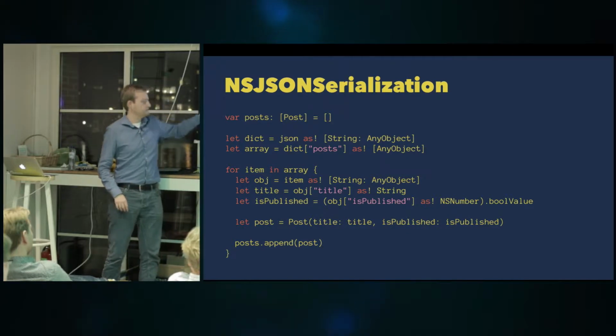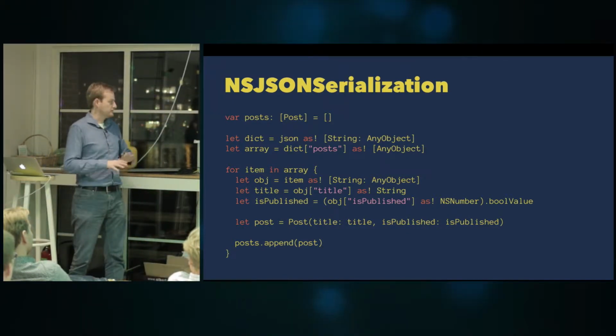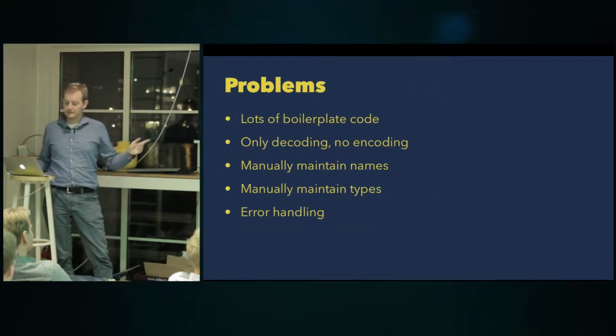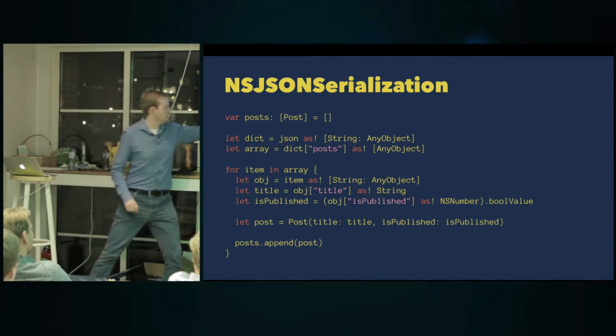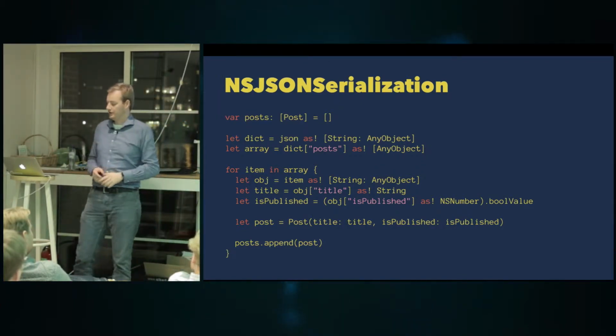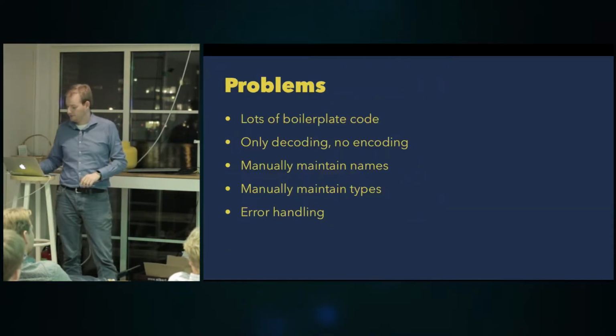And I can't make any errors in there or typos, because then, well, it won't work. Also have to manually maintain types. So all these casts here have to do the right casts. None of this is checked by the compiler. So that's a bit annoying.